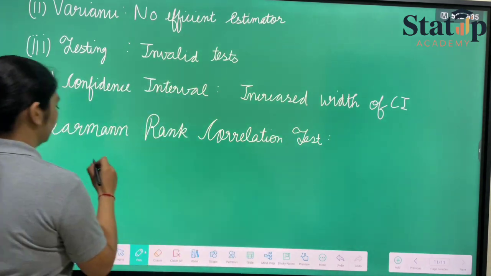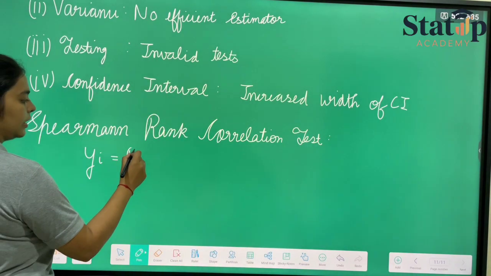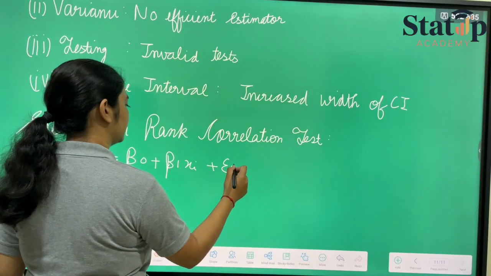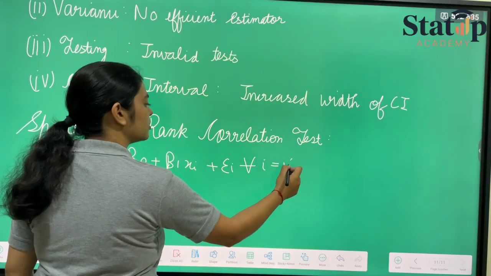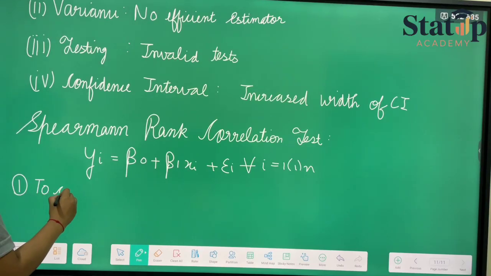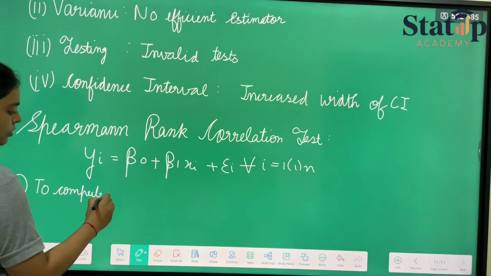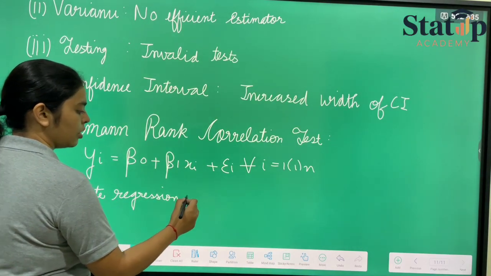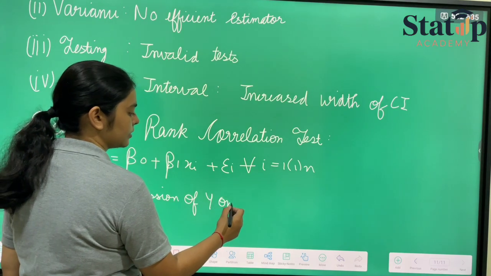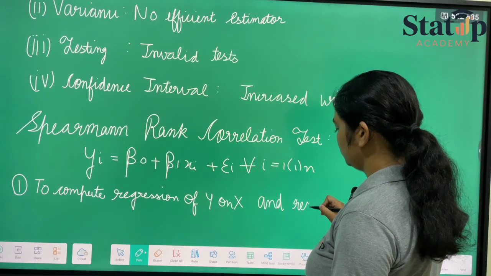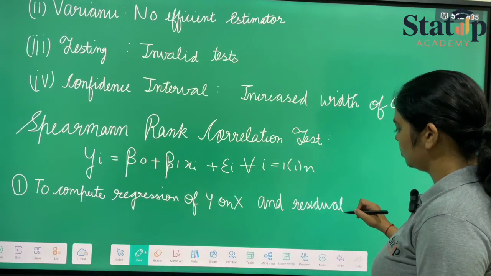Firstly, we will take the model yi is equal to beta naught plus beta 1 xi plus epsilon i, for all i goes from 1 to n. Now step 1 was to compute the regression of y on x and the residual ei.